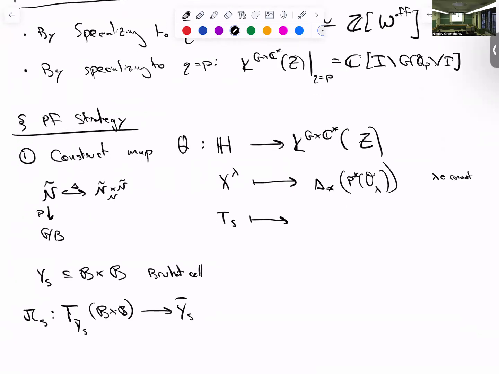Another fact about Steinberg: all of the irreducible components of the Steinberg are of the form co-normal to G mod B cross G mod B along each Bruhat cell. So this is some irreducible component.